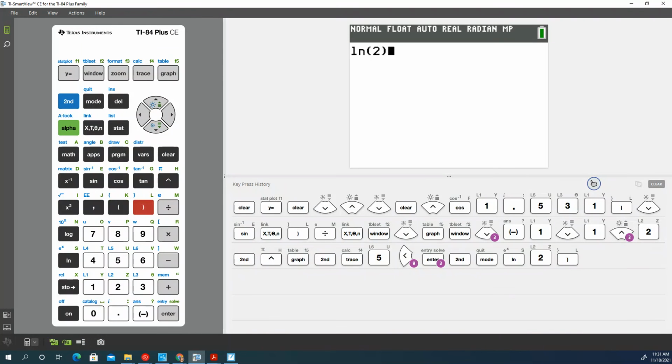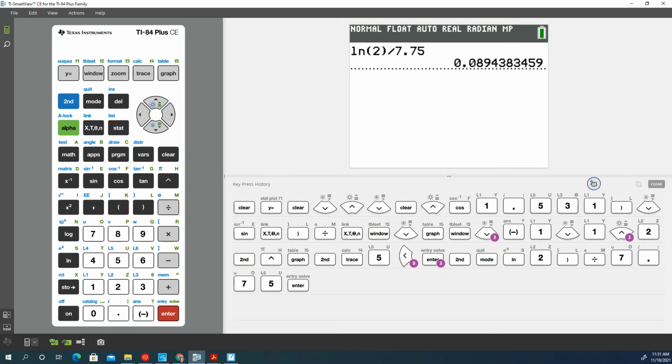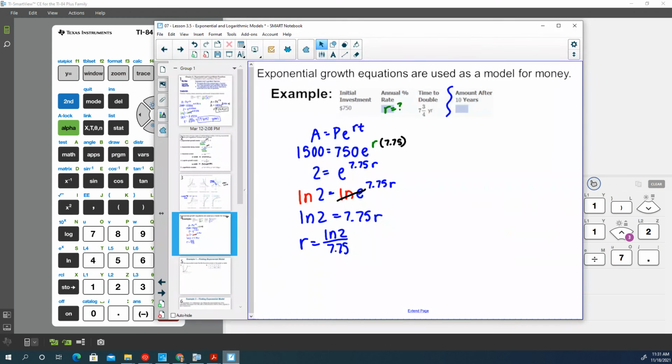Natural log of 2, close, divide by 7.75. All right, I get 0.0894. We'll write it as a percent. So I would write 0.0894 dot dot dot, which means our rate is about 8.94%.